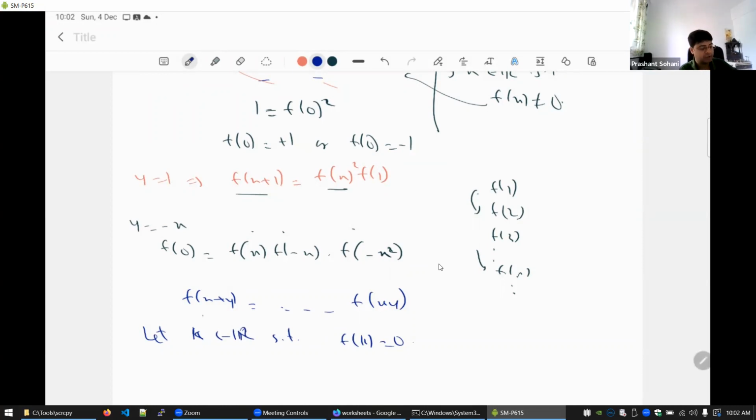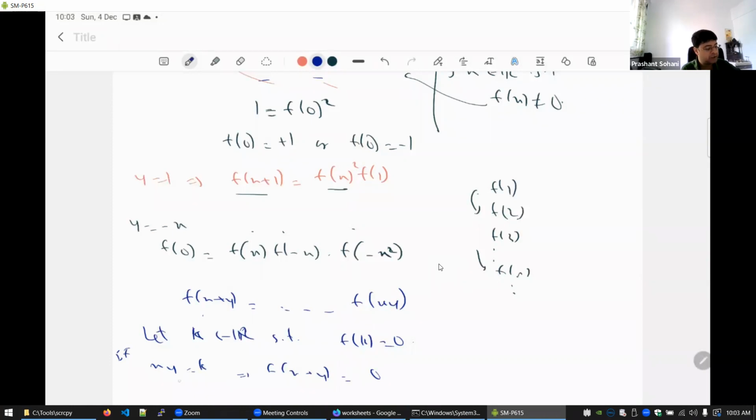in this expression, can we make xy equal to k in some way? Suppose xy can be forced to be k. So if you choose some values of x and y such that xy is equal to k, then that will mean f of x plus y is 0, right? Because f of x plus y is equal to something times f of xy, which is equal to 0.